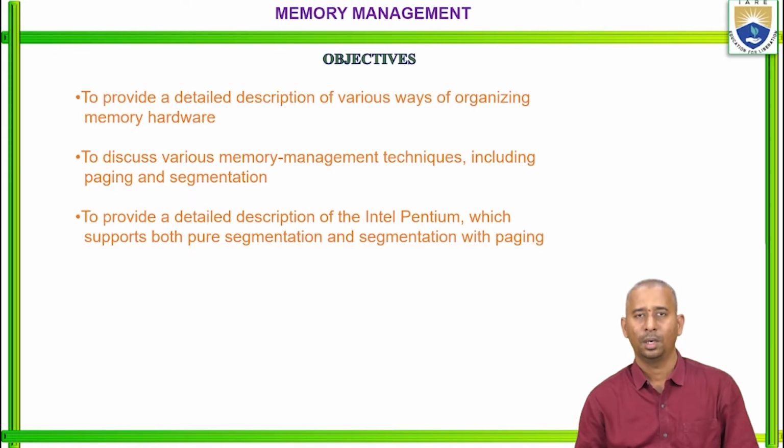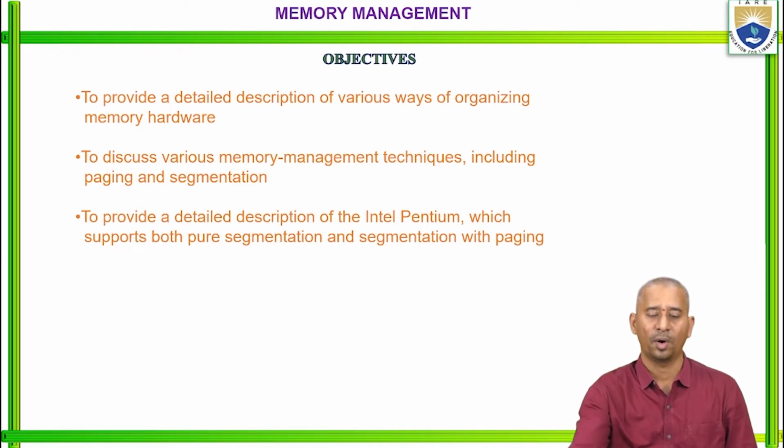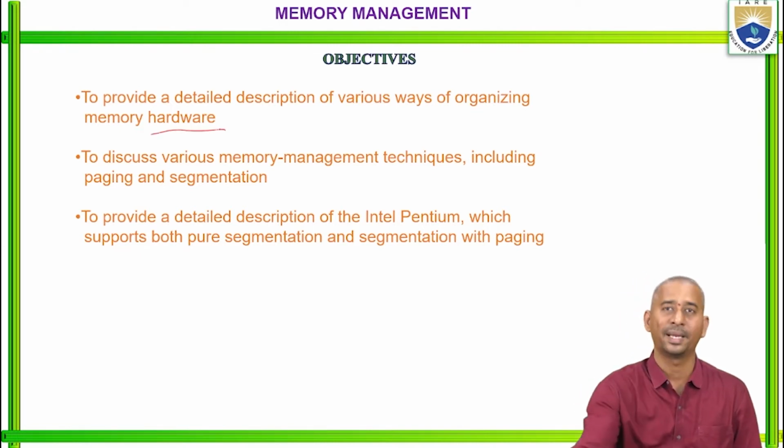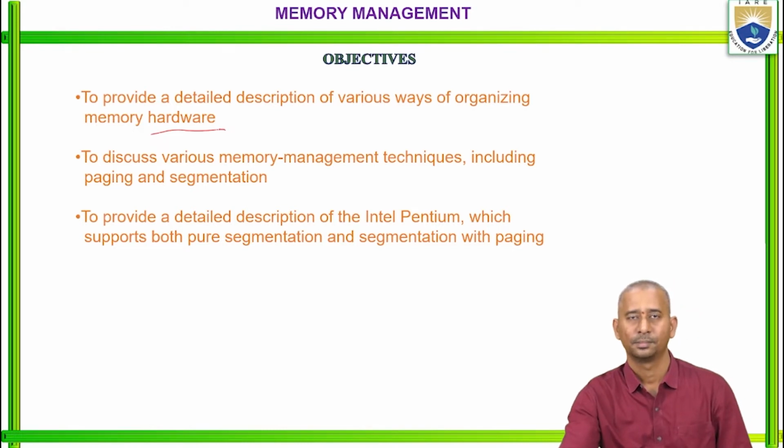So we need to know how to allocate various processes in the primary memory as well as the secondary memory, and how the processor can execute more processes from the primary memory, which deals with memory management. So here these are the objectives: to provide a detailed description of various ways of organizing memory hardware.